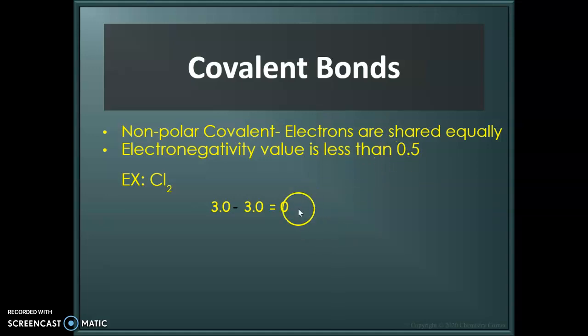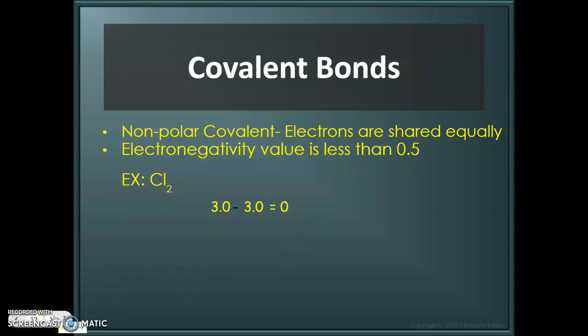If the difference in the electronegativity is less than 0.5, that means it's nonpolar covalent. It is a symmetrical molecule. And anytime you have just one atom that's bonded to itself, the electronegativity difference is always going to be 0. It's always going to be nonpolar because there's not going to be a difference in the electronegativities.